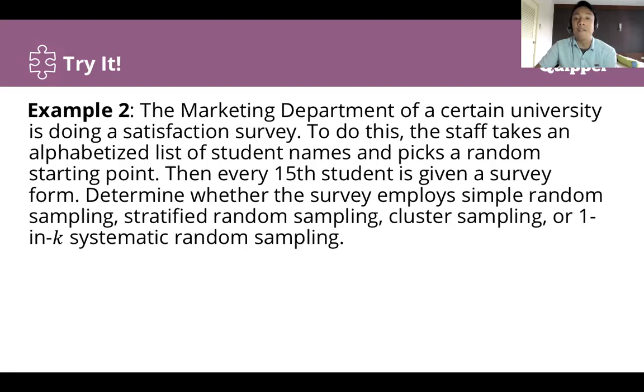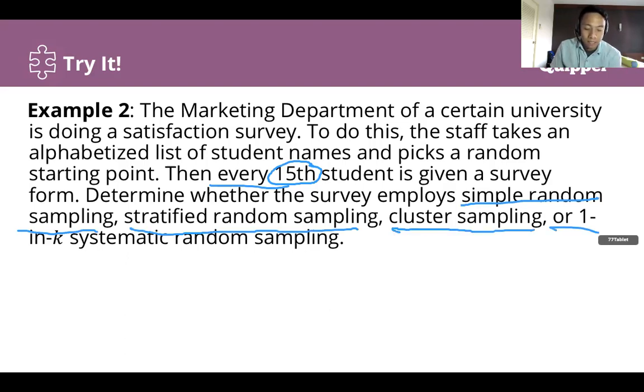Then every 15th student is given a survey form. Determine whether the survey employs simple random sampling, stratified random sampling, cluster random sampling, or 1 in K systematic random sampling. So, ano yung technique na ginamit ng researcher dito?